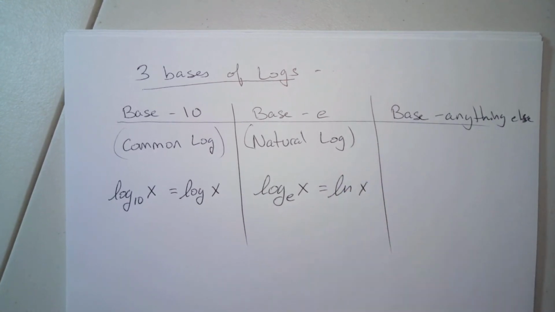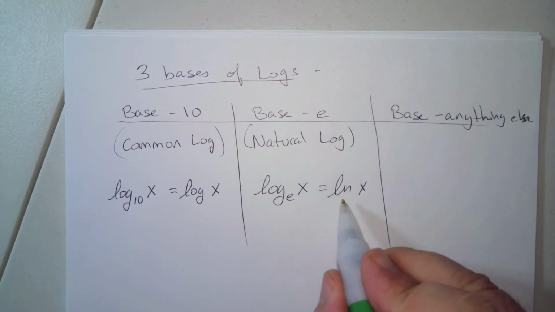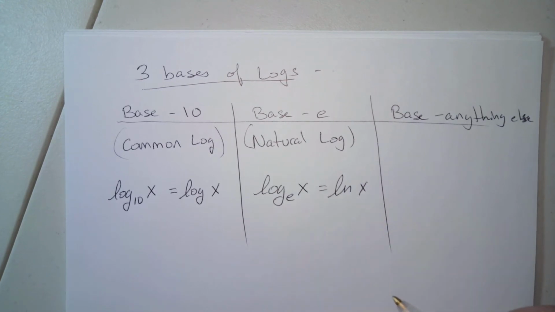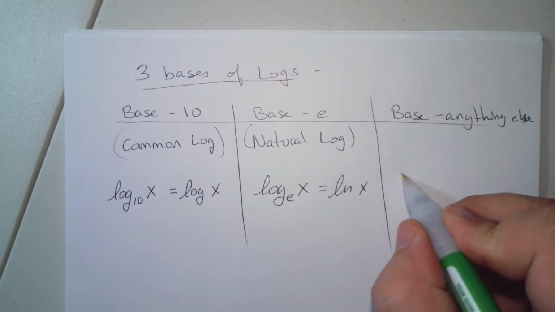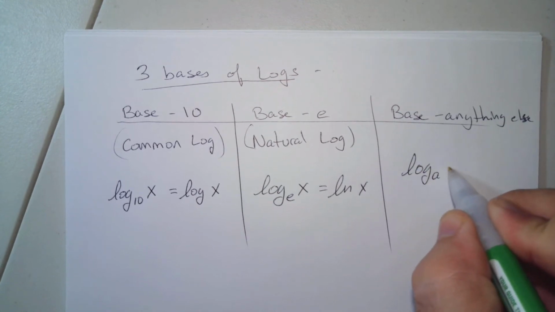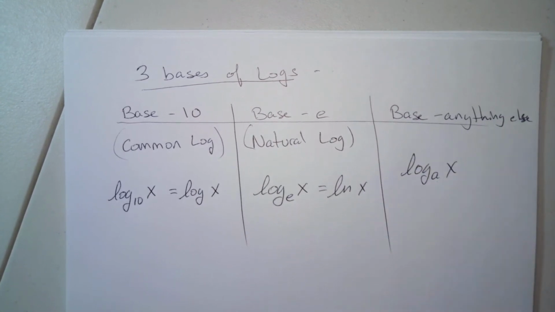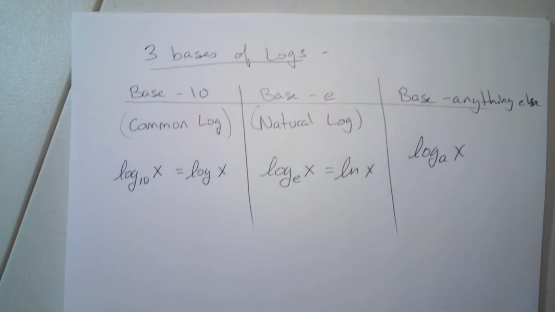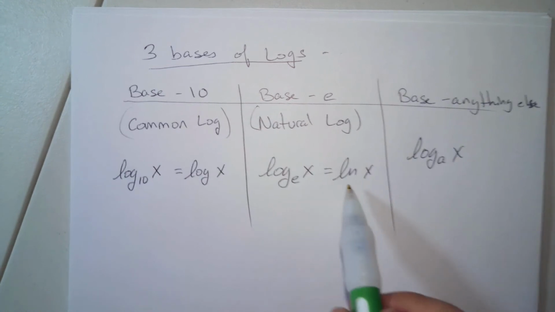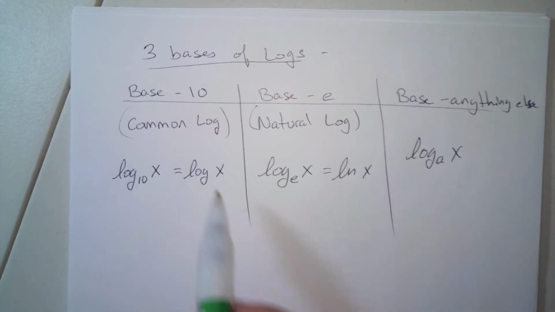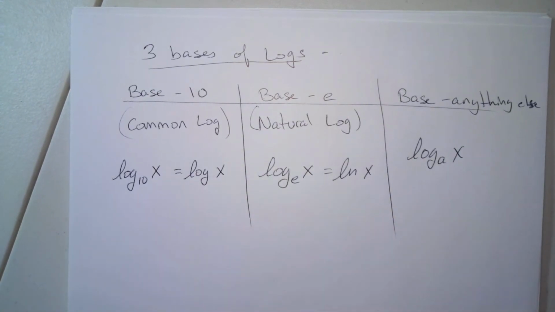Whenever you see ln x, that means it's log base e. And anything else, that number has to be there. All right. So that's the different types of symbols we use. That's how come we see a lot of textbooks use these two symbols, because it's much easier to write.